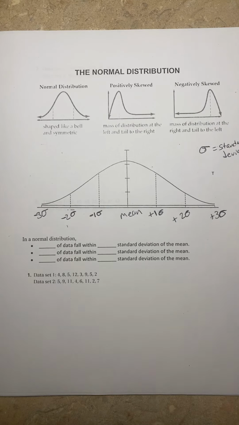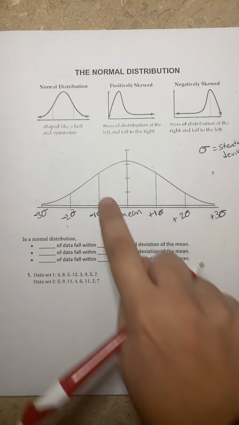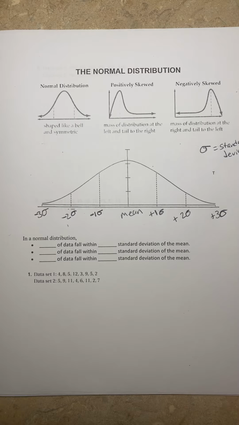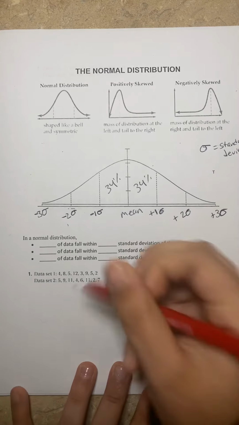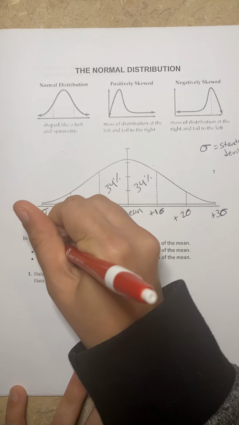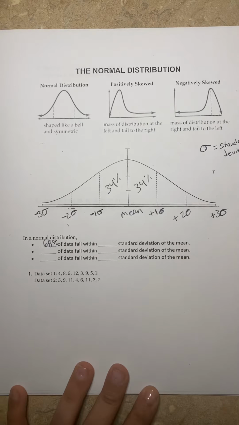Now this helps us immensely, because this is going to tell us the percentage of our data that lies within the mean. Whenever you talk about 1 standard deviation, each side has about 34% of your data. So if you add that up, 68% of your data falls within 1 standard deviation of the mean.